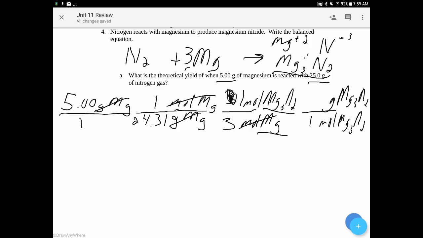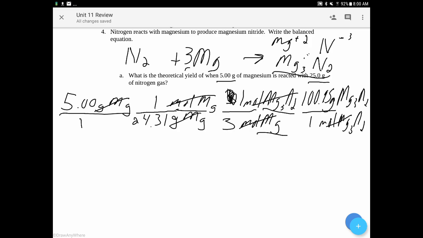We're going to put 1 in front of moles, and in front of grams we put the molar mass of Mg3N2, which turns out to be 100.95. Then we cancel out moles of Mg3N2. We're left with grams of Mg3N2, which is where we want to be, so we don't need any more conversion factors. Okay, so now we do our math.